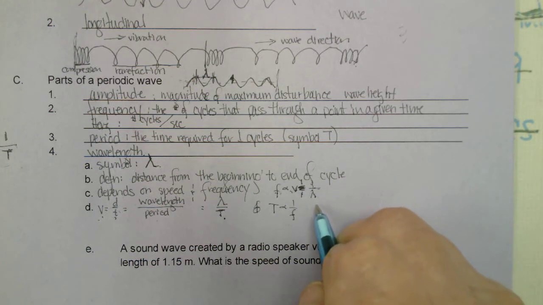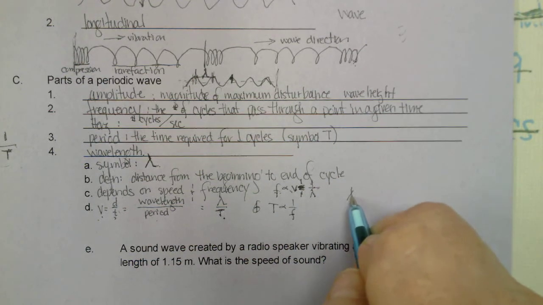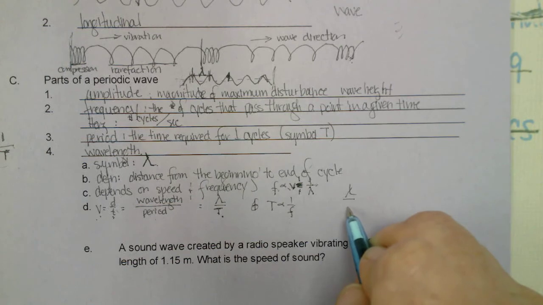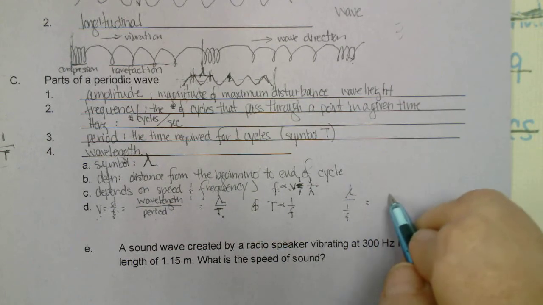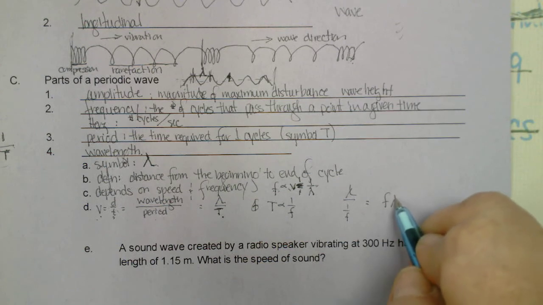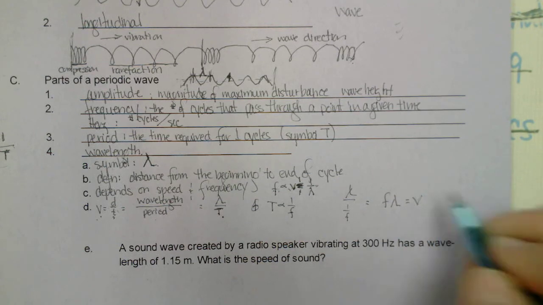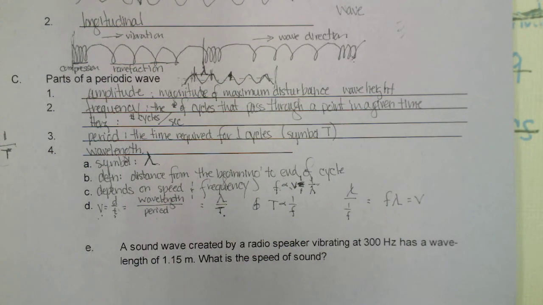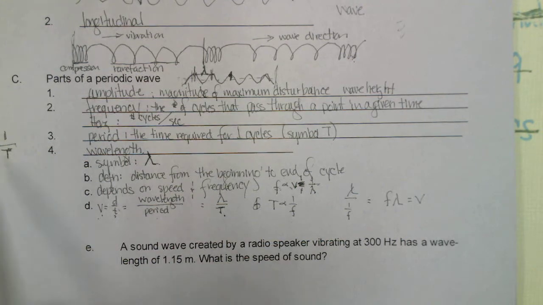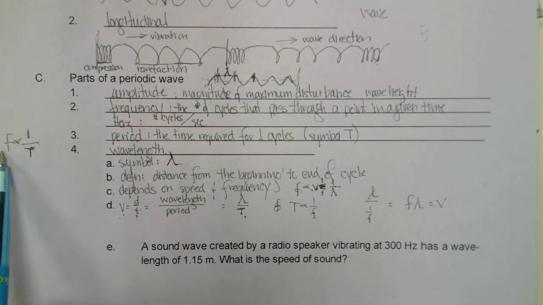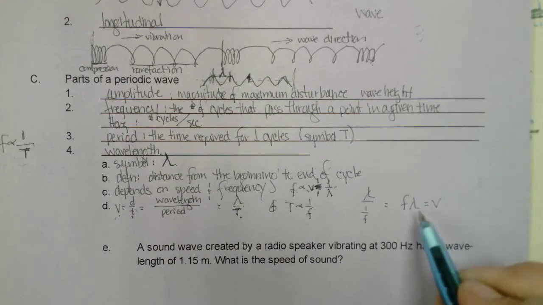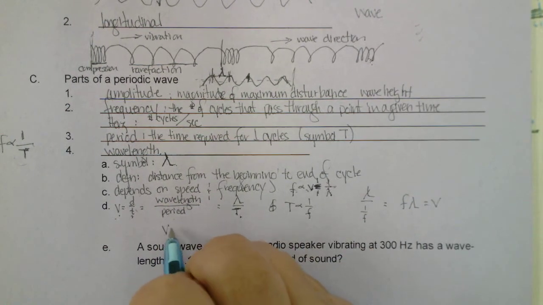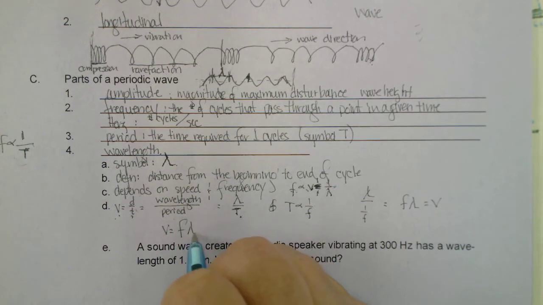So it's really going to be equal to lambda over 1 over f, which is equal to f lambda. So my velocity is equal to f lambda. And we made that point over here about the inverse relationship. All right, this is my equation then: V is equal to f lambda.